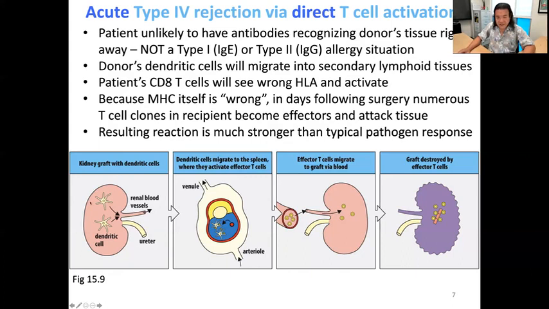Remember, when a naive T cell is first activated, one of the first signals that it needs to start proliferating and really fully differentiating and activating is interleukin-2. So the T cell itself, as it activates, begins to make IL-2, and so it can actually signal itself in an autocrine fashion, right?